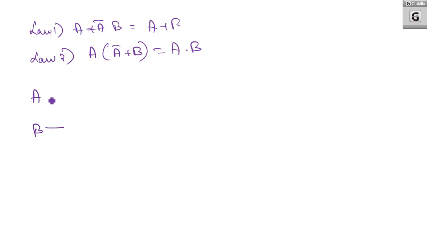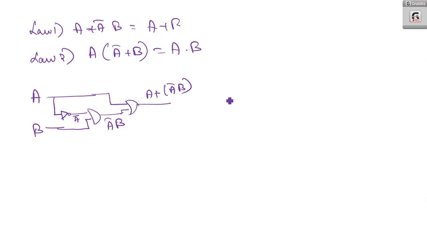A bar B means I will have a NOT gate here, giving A bar, and then B. So here we get A bar B. Now A or A bar B. That is the same as A or B. This we need to prove.